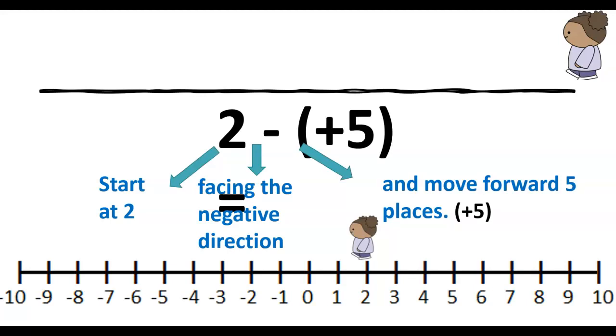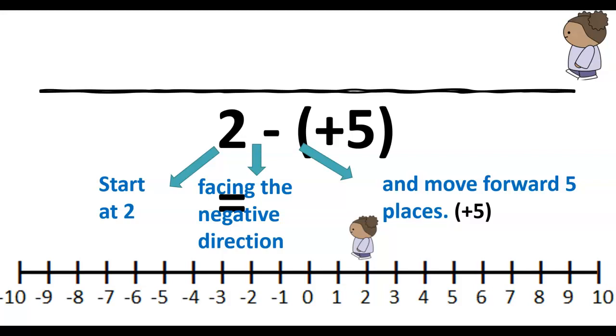Here's Narelle again. She's starting at +2, and this time she's facing the negative direction because we're subtracting. The minus means we're going to face the negative direction. And because we're adding 5, she's going to move forward 5 places.